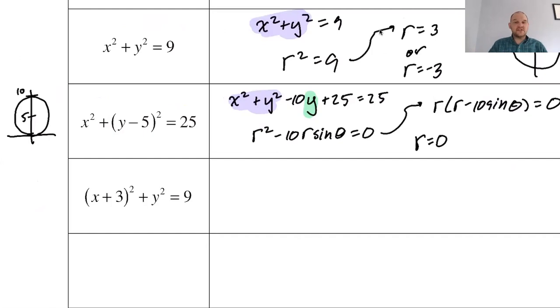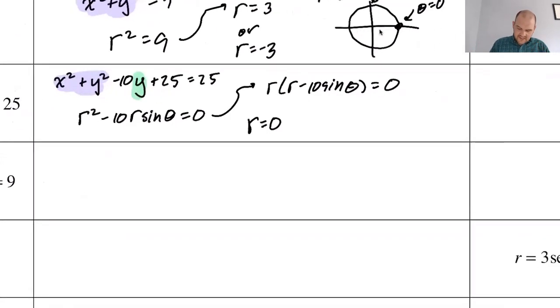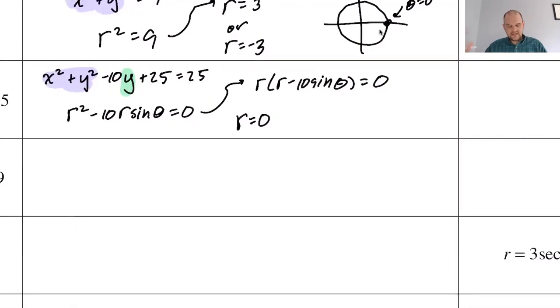R equals 0 makes sense in the context of the algebra of the problem, but it doesn't make any sense in terms of the actual problem. So it makes sense algebraically, doesn't make sense in context, it's out. That is not going to be our answer. So I guess our answer is going to be r equals 10 sine of theta.